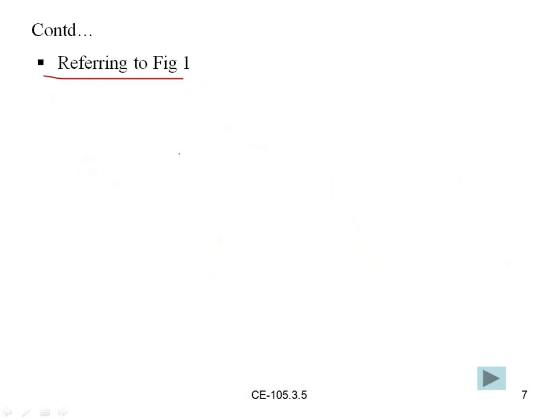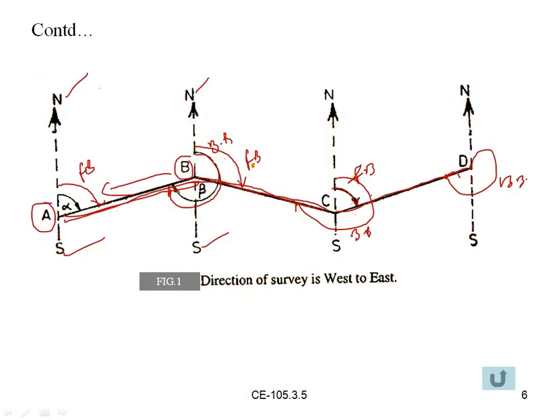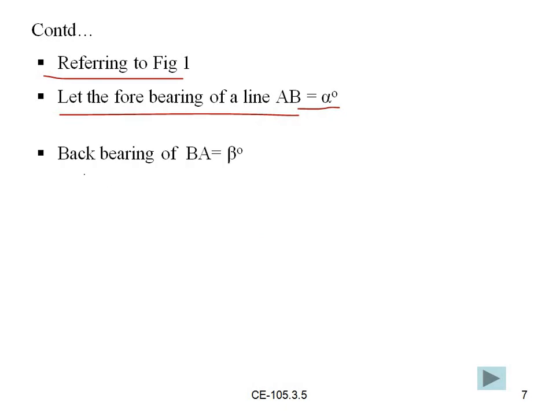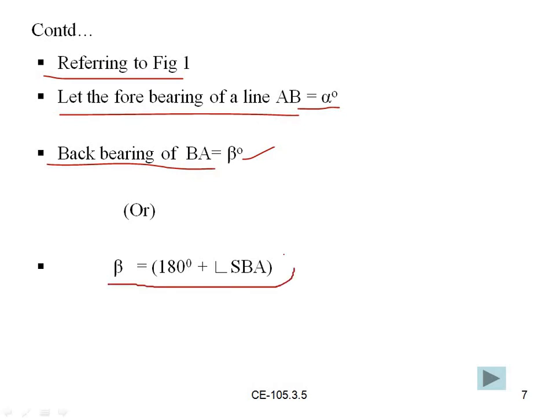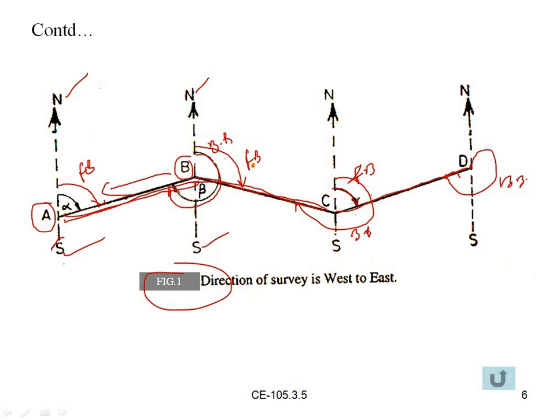Refer to figure 1. Let the forward bearing of a line AB be equal to alpha degrees. This is figure 1, with alpha and beta. The back bearing of BA is equal to beta degrees, or beta is equal to 180 degrees plus angle SBA. This is the angle SBA.